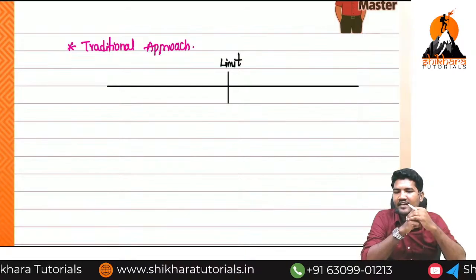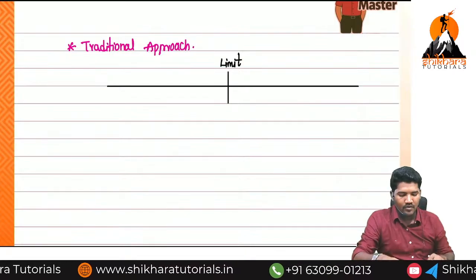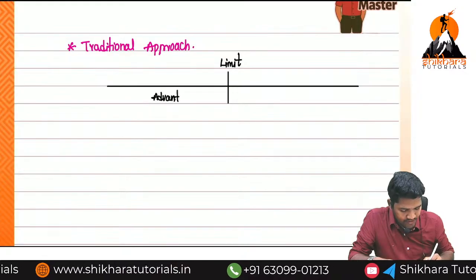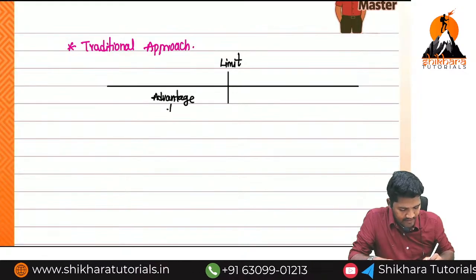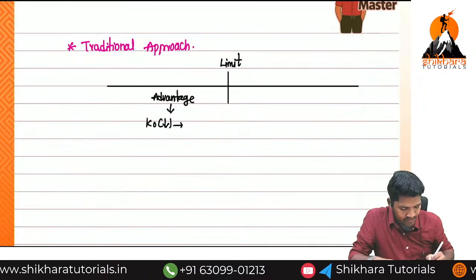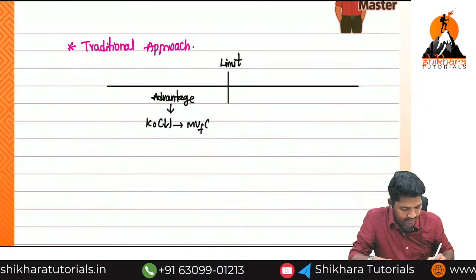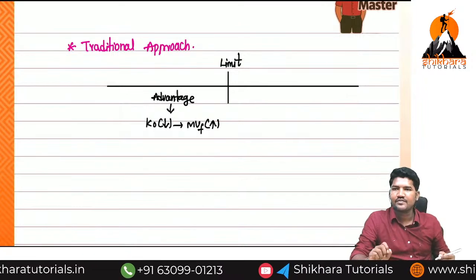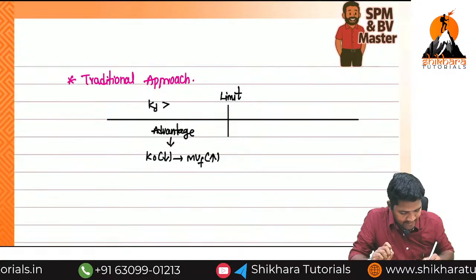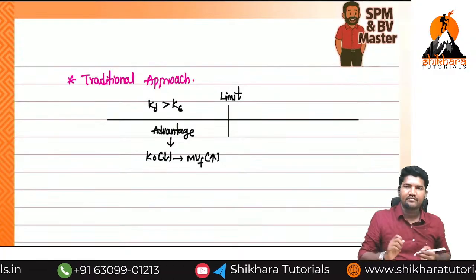That's specified in the traditional approach. Now, the advantage is that KO decreases and the market value of the firm increases. Why? Because KD is less than KE.